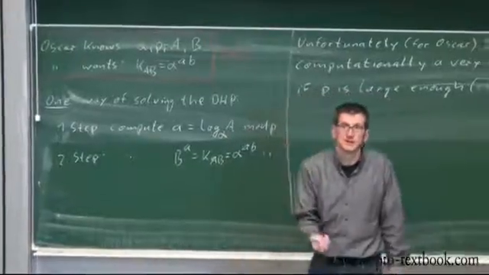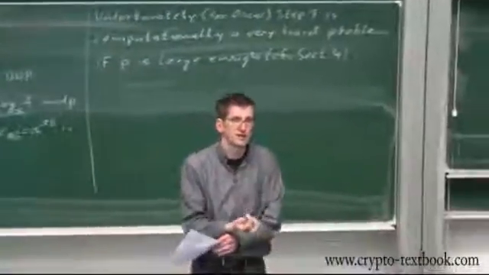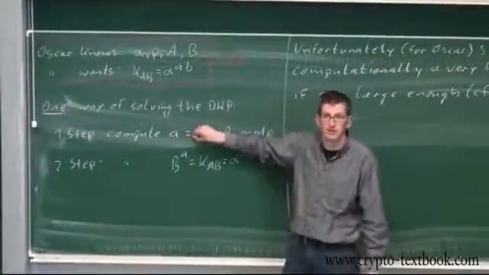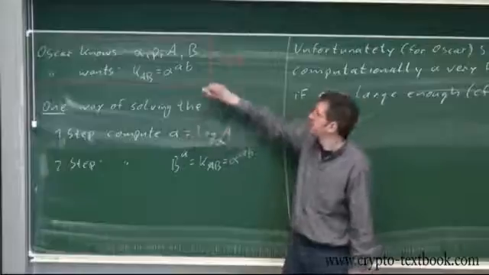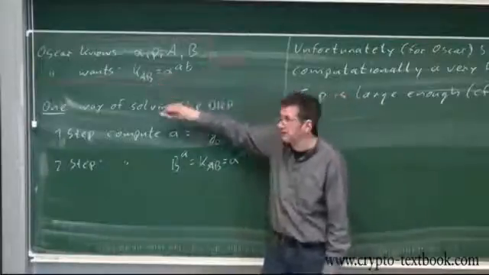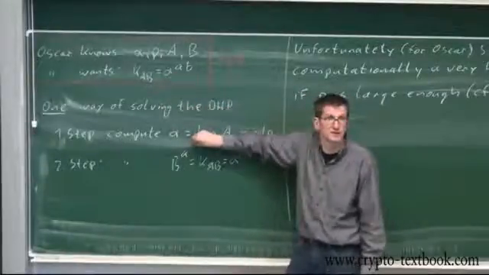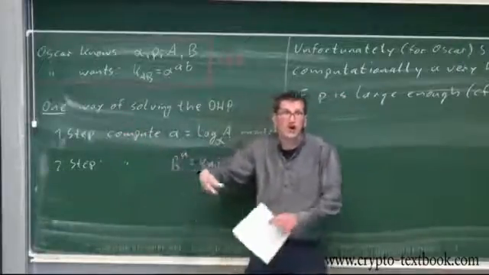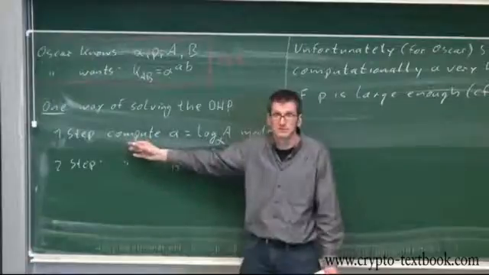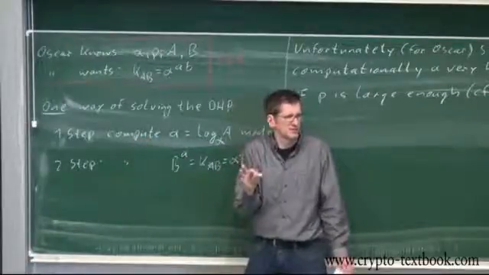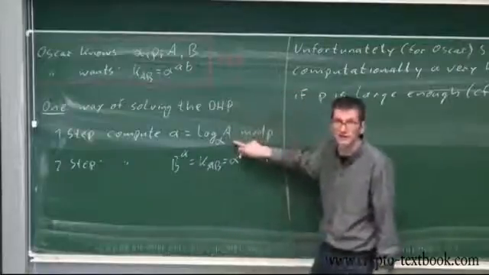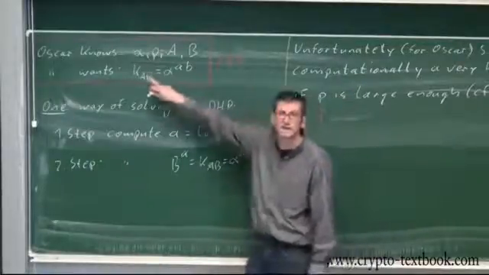So what people in cryptographic foundations are very interested in is: is this the only way? That means, in order to compute KAB, do we have to compute the discrete logarithm, step 1 and then step 2, or is there a different step 1? It seems kind of weird, but it's not clear that you have to solve the discrete logarithm problem to get this here.